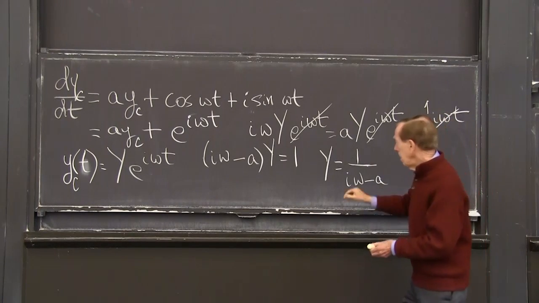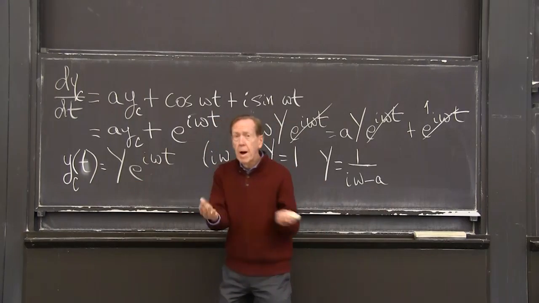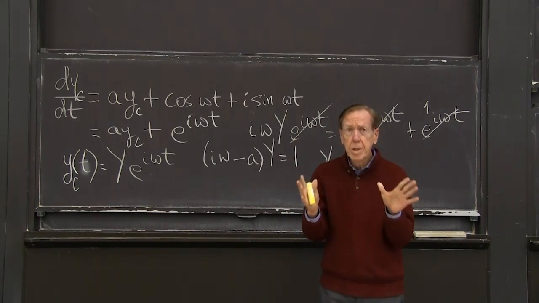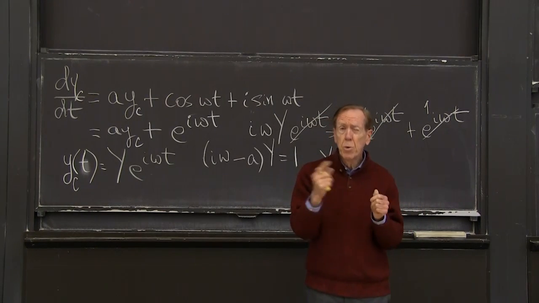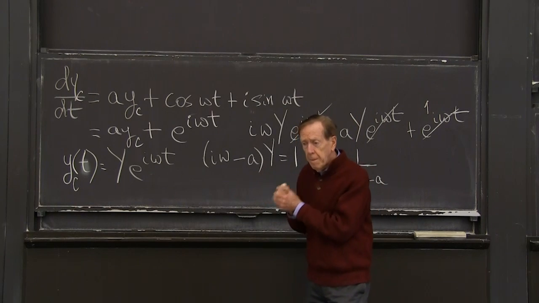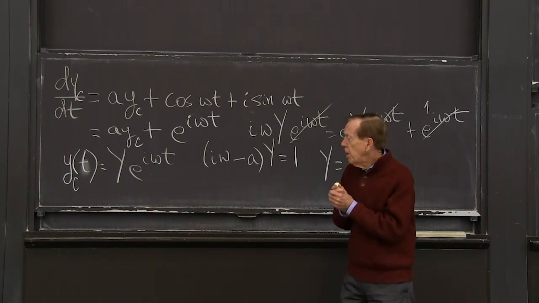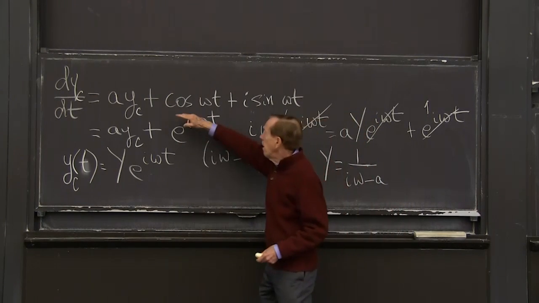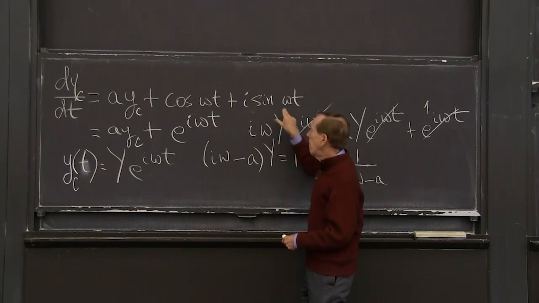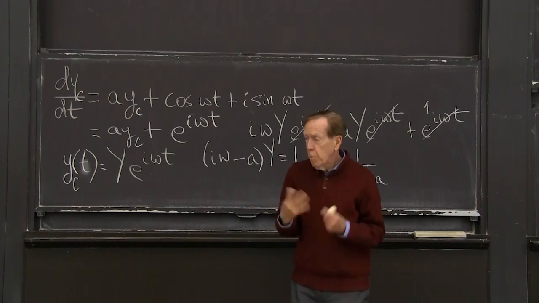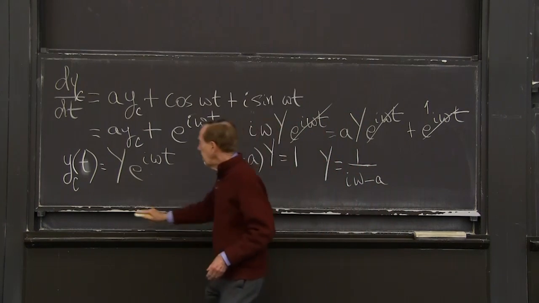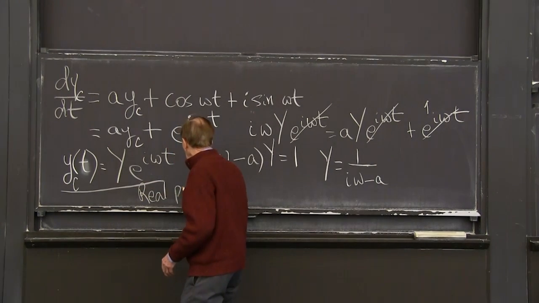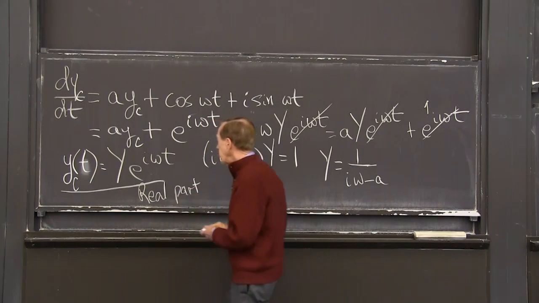Now, if I put that in here, I have the complex solution. But my idea is to use this complex solution to find two real solutions. That's really what this video is about: using this complex source term to find the solutions for both cosine omega t and sine omega t. And the way to do it is, here's my complex solution, I'll take the real part of this complex solution.